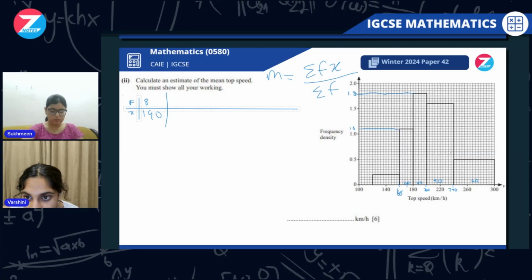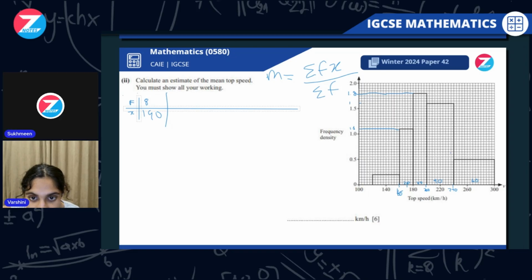And for this one, it's going to be over here, which is 1.6. And this one, if we trace it, is just going to be 0.5.